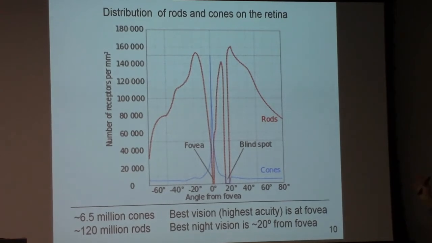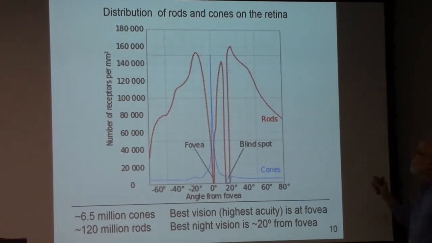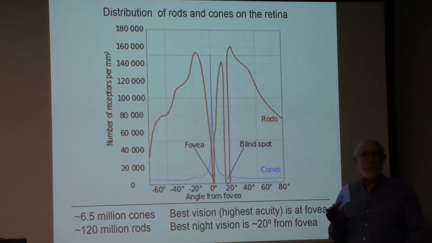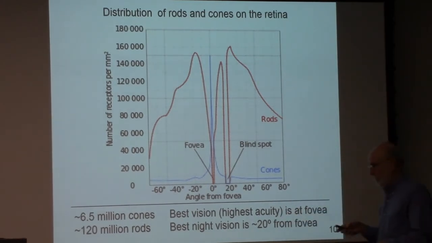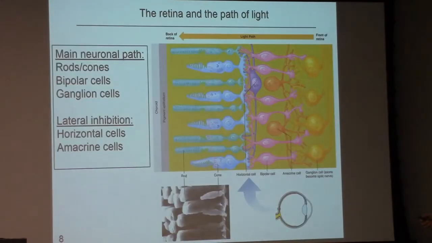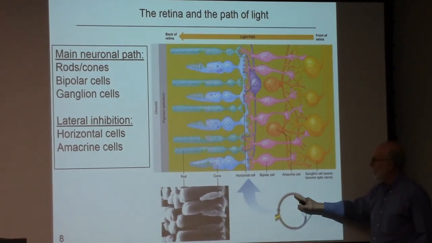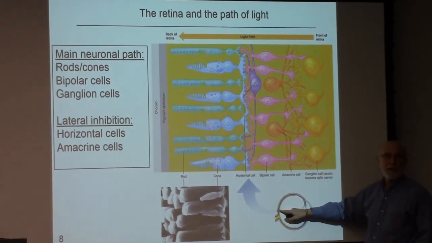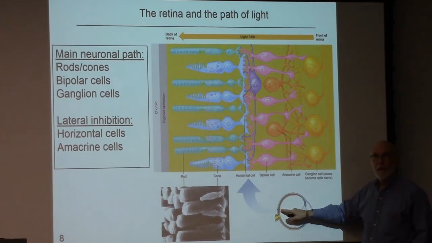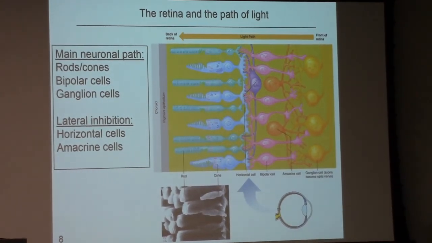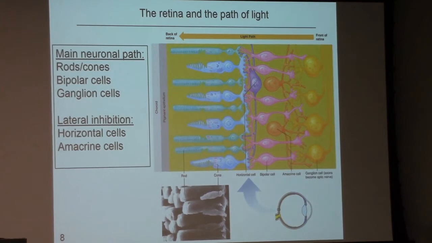Just a tidbit of information. Your retina is not uniform. Let me just put up a cartoon. There is a spot on it called the fovea, which is where we have our highest visual acuity and our best color vision.